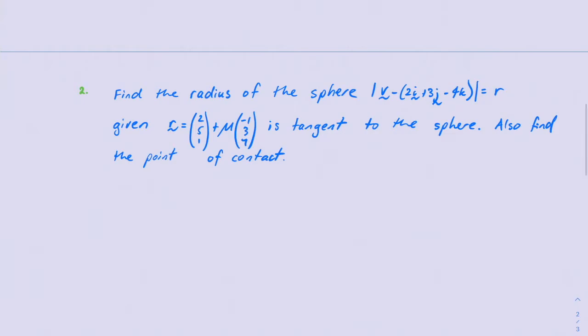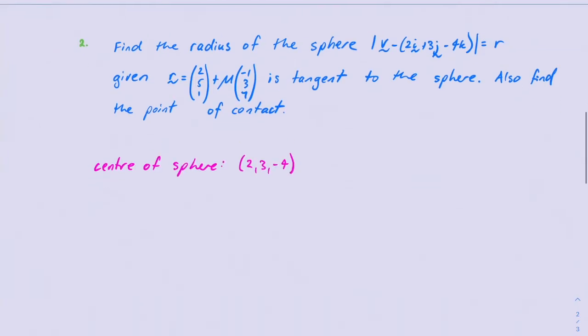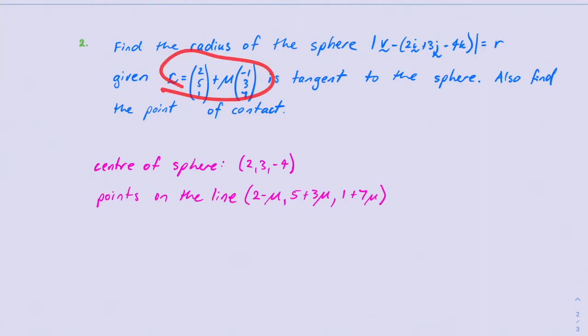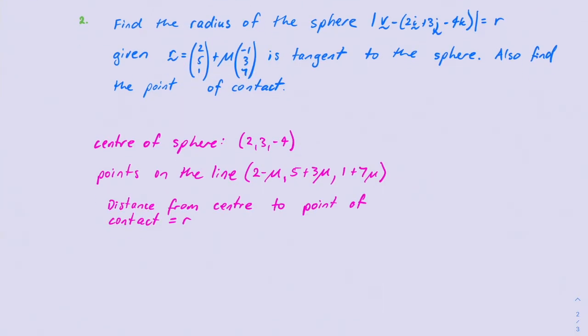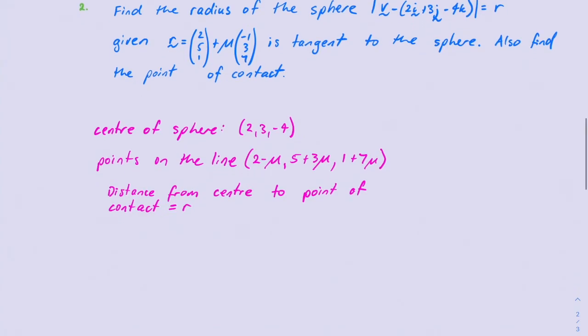So first of all, the center of the sphere is the point (2, 3, -4). The points on this line all have those coordinates, and the distance from the center of the sphere to the point of contact is the radius of the sphere. So I'm thinking of this one much more in terms of distance.